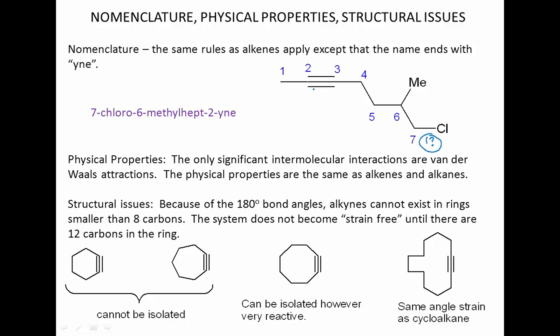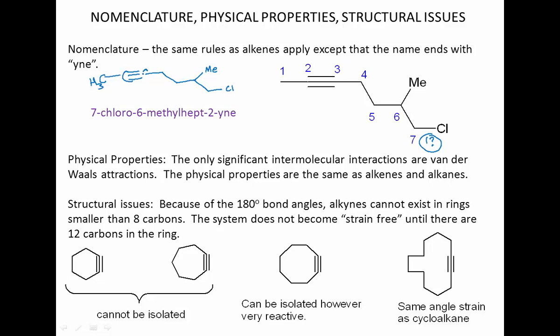Okay, I want to illustrate another thing with this molecule. Some of you probably would look at this and say there's only 5 carbons. So this is a carbon. That's a CH3.